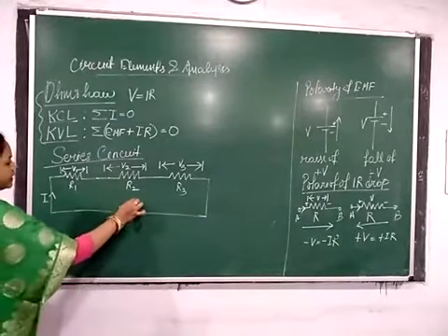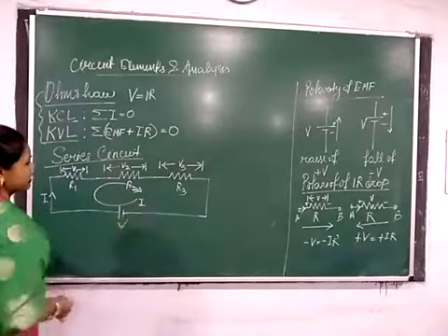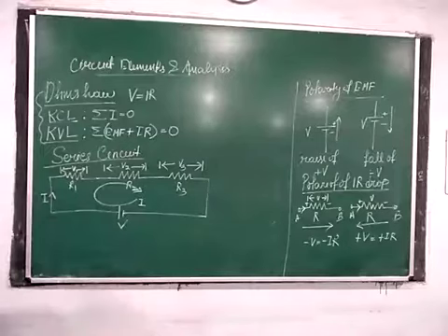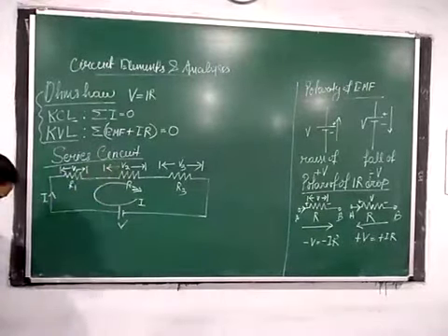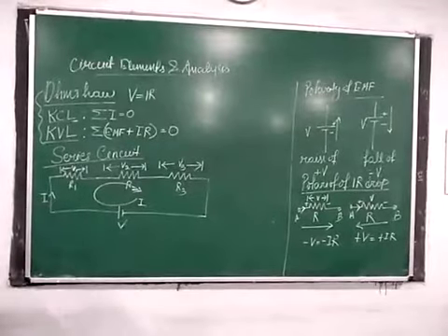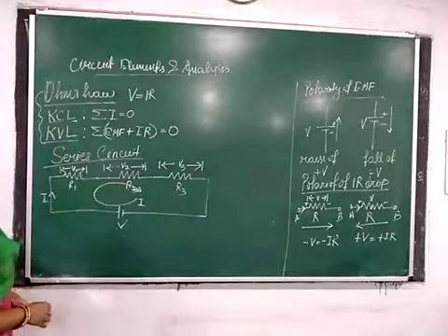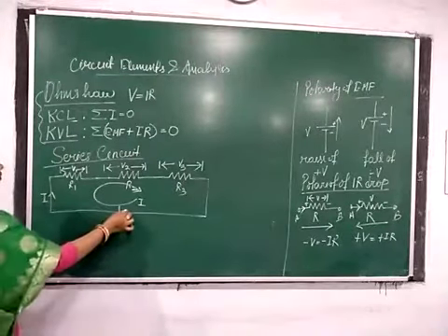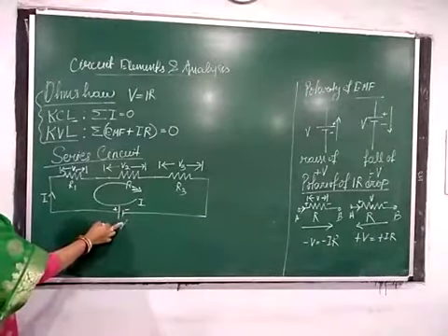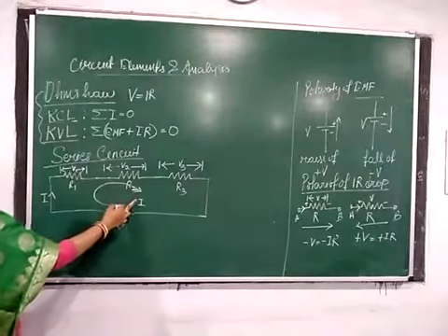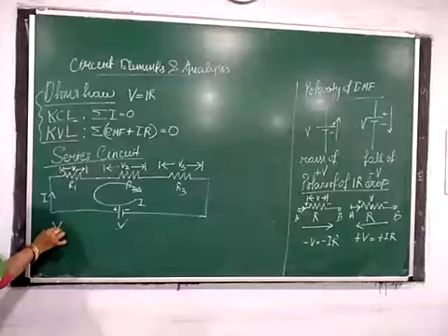Here I take a loop current I. Now, based on that concept, you find the polarity of the voltage source and the IR drops. Now see, here the loop current flows from negative to positive, so its polarity is plus V.